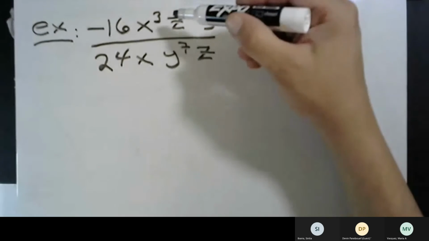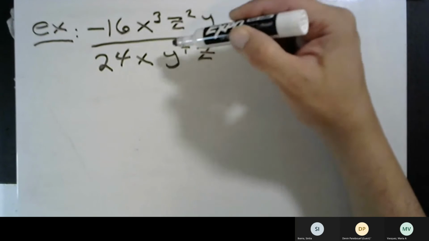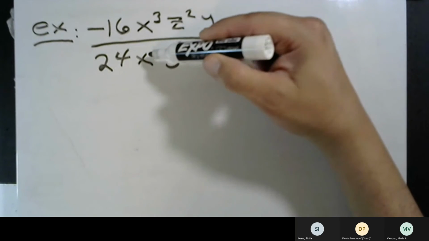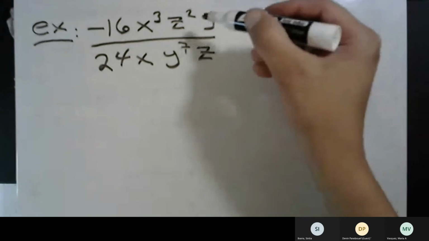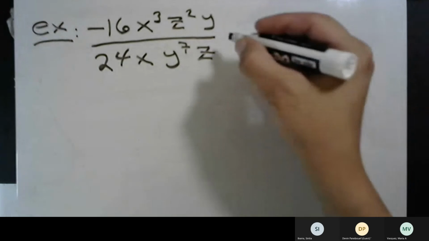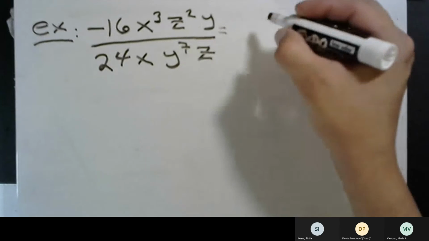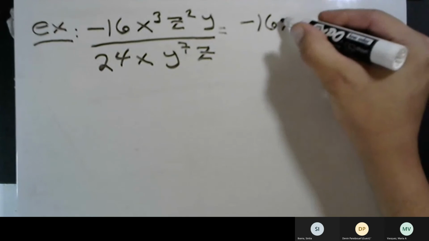If we look at the top, we have x, z, y, and at the bottom we have x, y, z. We have the same variables on top as on the bottom, but we can change the order and make it xyz on top also.